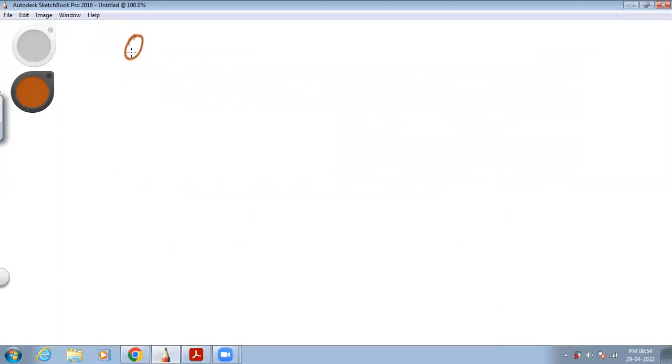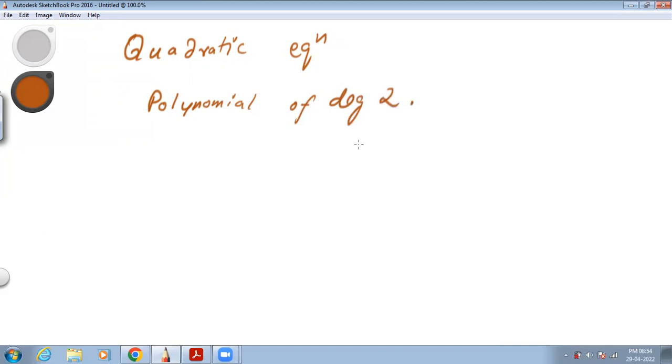A quadratic equation is nothing but a quadratic polynomial, and a quadratic polynomial is nothing but a polynomial of degree 2. When you equate a second degree polynomial to 0, you get a quadratic equation.